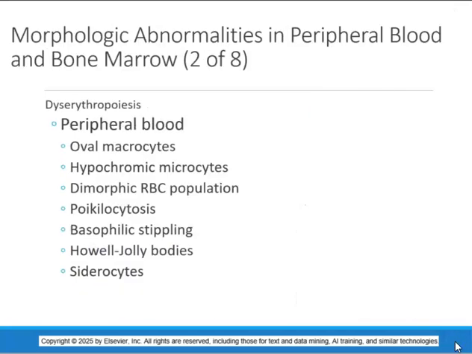So the peripheral blood, like we were just saying, is characterized by oval macrocytes and hyperchromic microcytic cells, again the dimorphic picture because we're getting the macros and the micros. Poikilocytosis, so the abnormal shapes. You saw some acanthocytes, some burr cells, teardrops, basophilic stippling because the erythropoiesis is messed up, and again the Howell-Jolly bodies, the siderocytes, and the Pappenheimers are seen with it.